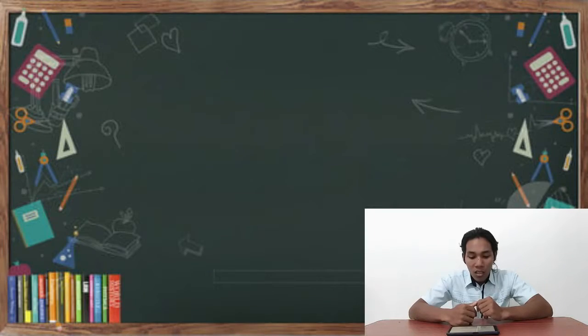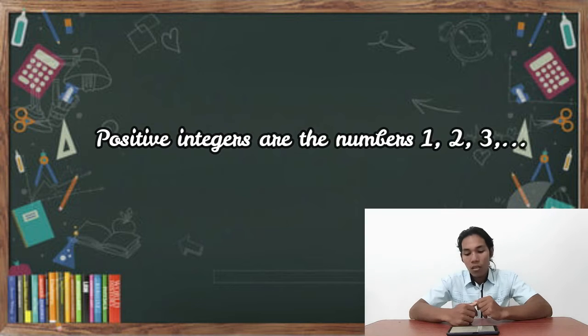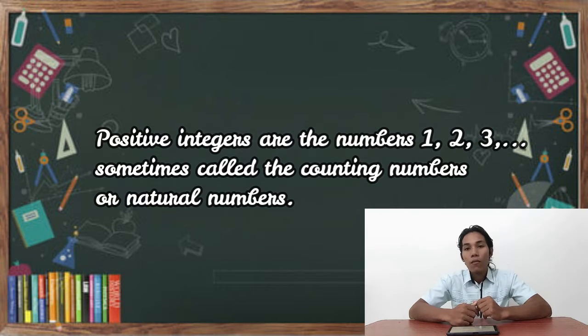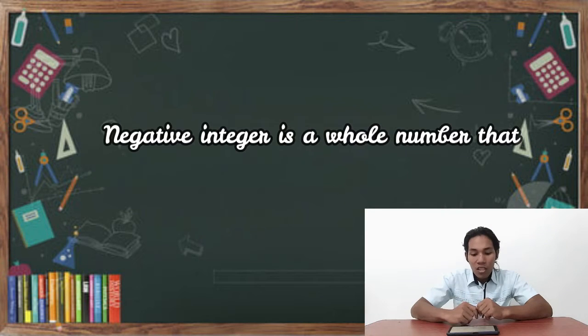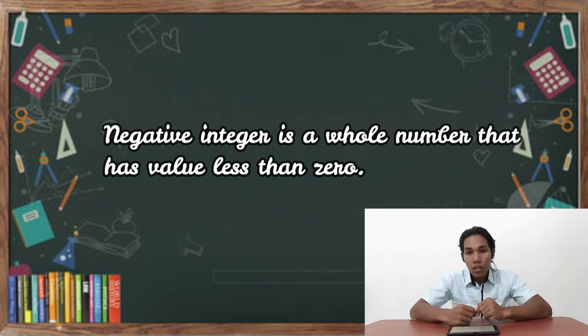Positive integers are the numbers 1, 2, 3, 4, 5, and so on, sometimes called the counting numbers or natural numbers. Then a negative integer is a whole number that has a value less than 0.